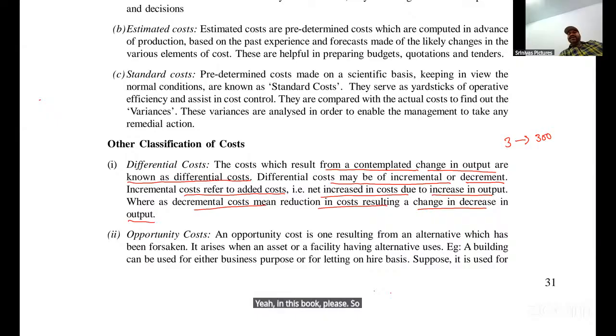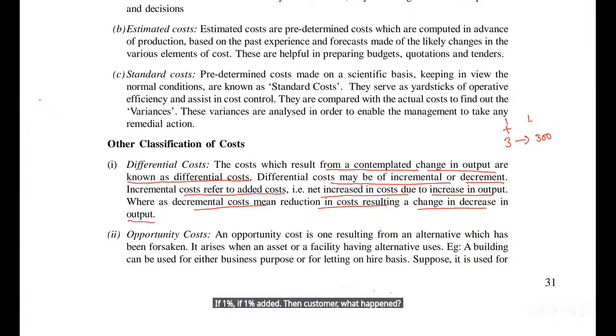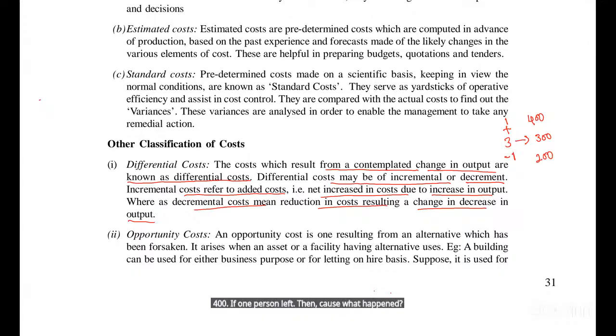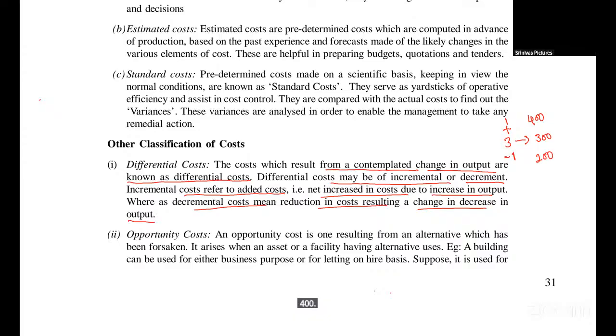So three members, lunch cost is 300 rupees. If one is added, then what is the cost amount? 400. If a person leaves, then what happens to the cost? 200. Right.